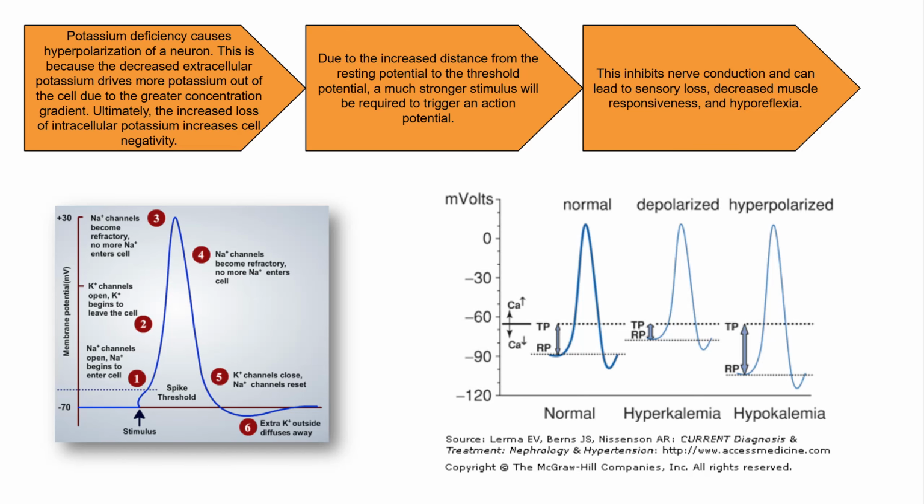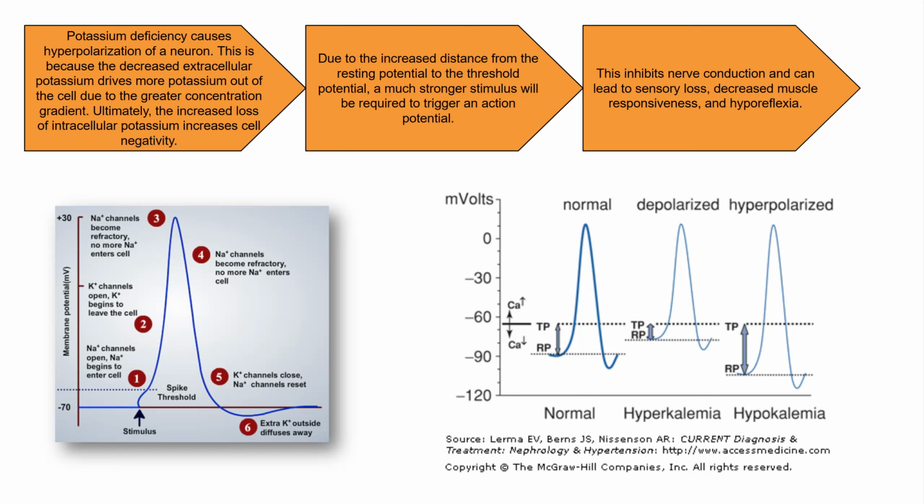So, potassium deficiency causes hyperpolarization of the neuron. That means it becomes more negative. And if you look at the second picture on the slide, you can check out how big the difference between the resting potential and the threshold potential can become compared to the difference in a normal neuron. The reason it's so wide is because the decreased extracellular potassium drives more potassium out of the cell due to the greater concentration gradient.